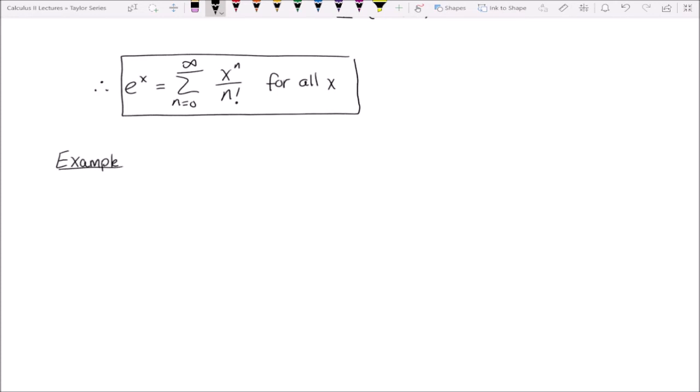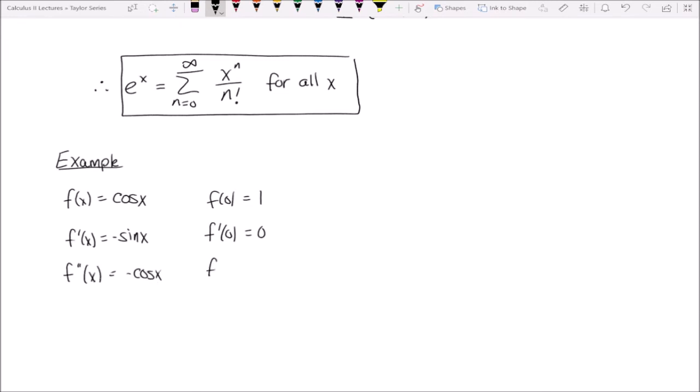Let's do the same thing now for cosine of x. So f of 0, cosine 0, is 1. f prime would be negative sine x, so f prime of 0 is 0. f double prime would be negative cosine x, so f double prime of 0 would be negative 1.